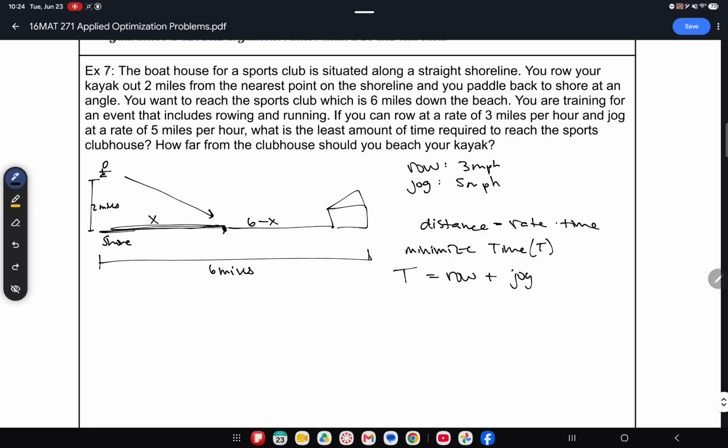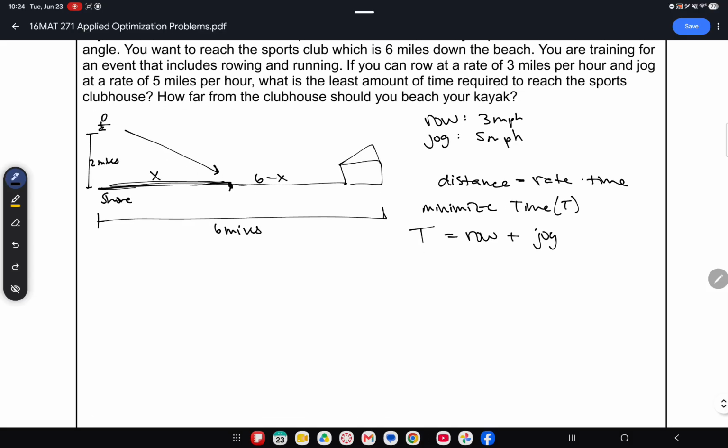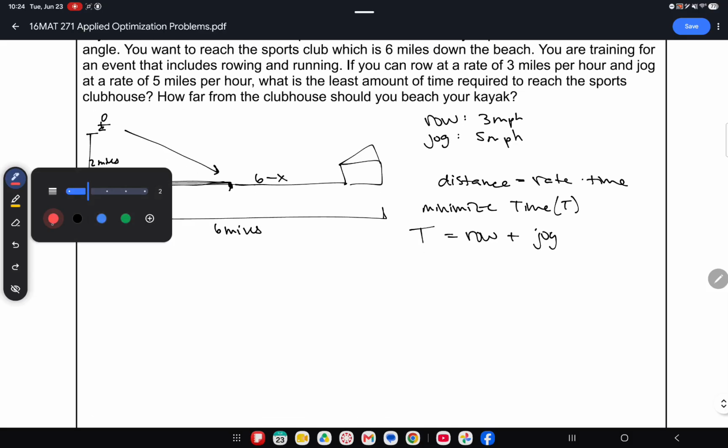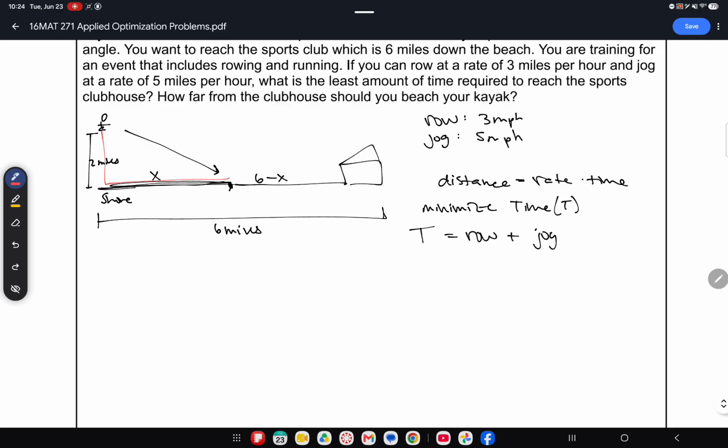All right, so let me see what else I can piece together here. Do we see what I see? Little right triangle here. Because isn't this distance here how much we would have to row? So couldn't we say that rowing distance is x squared plus 2 squared equals row squared?